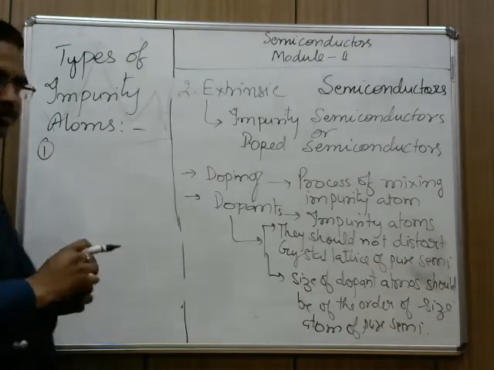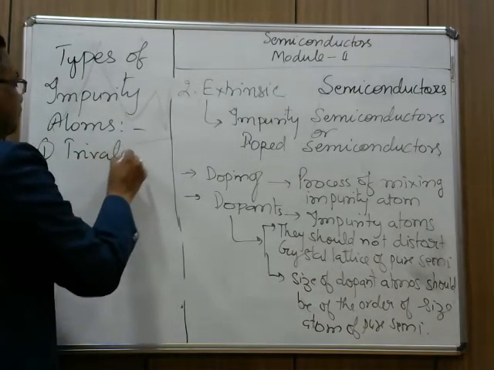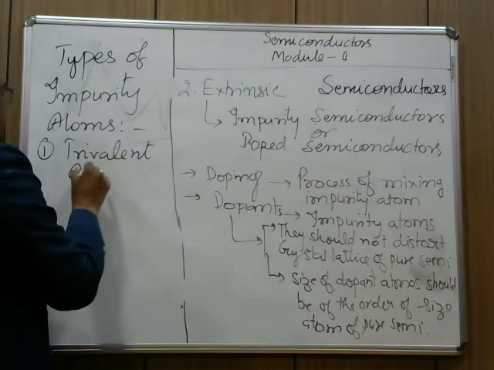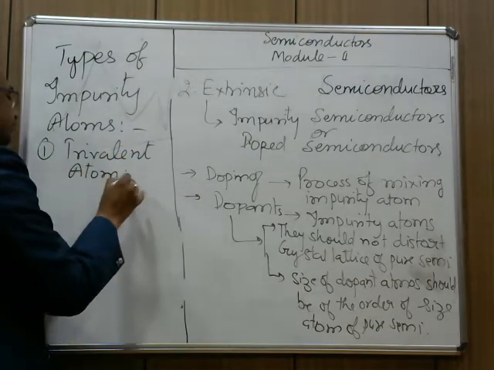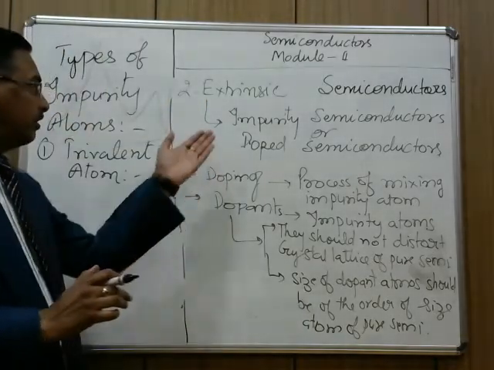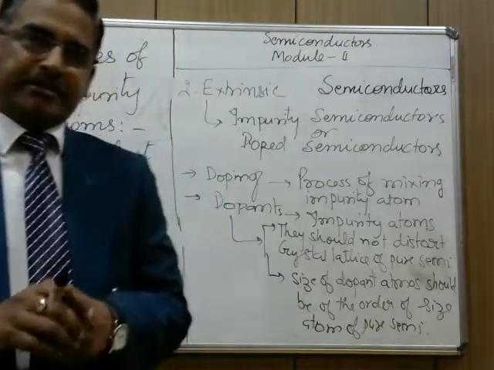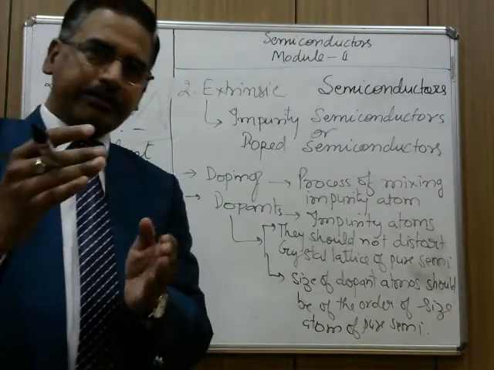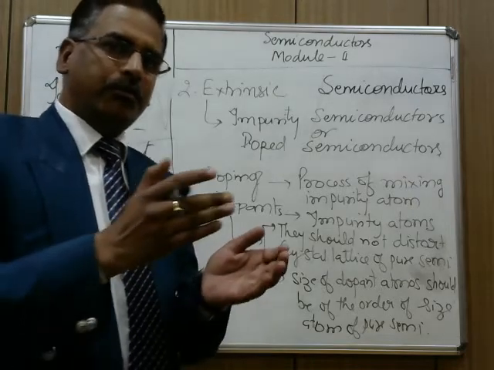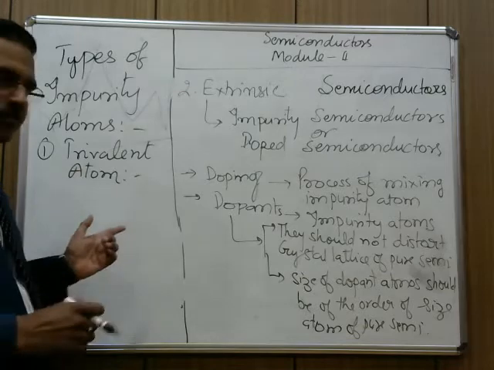First is trivalent atom. As I told you, the pure semiconductors have 4 valency. So either you select the atom which has one less valence electron, that is, trivalent atoms.